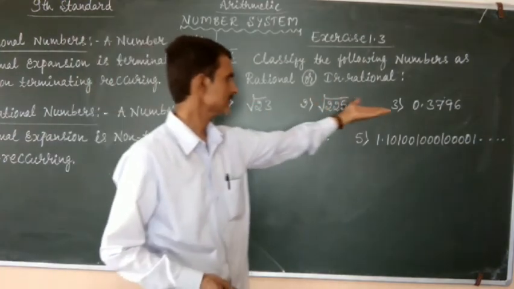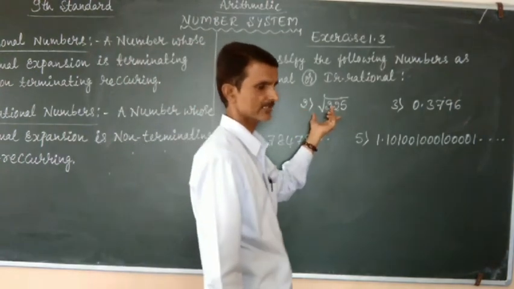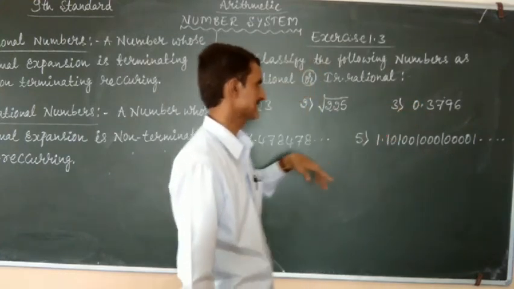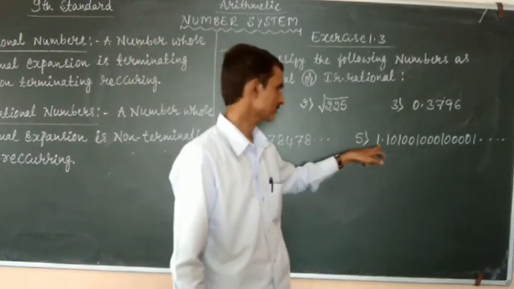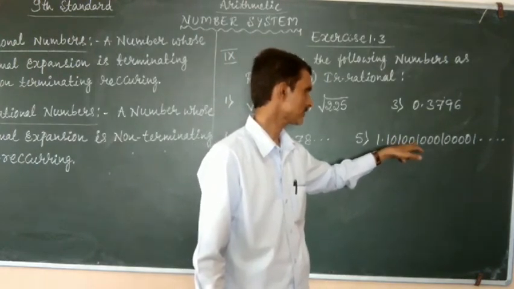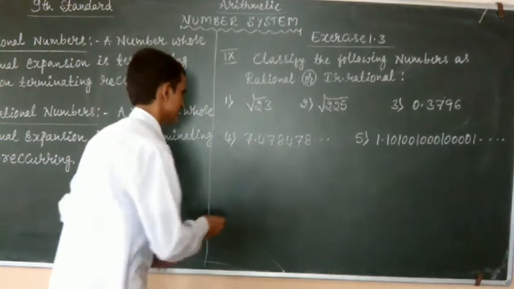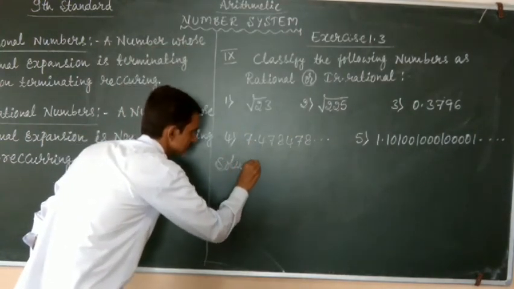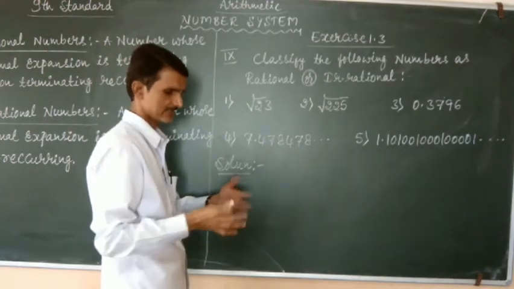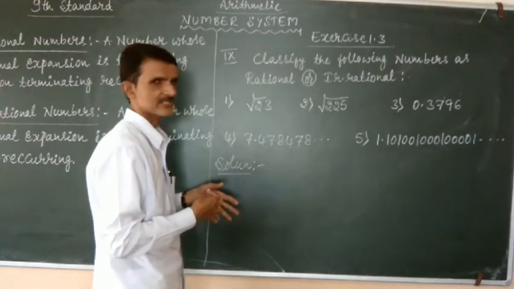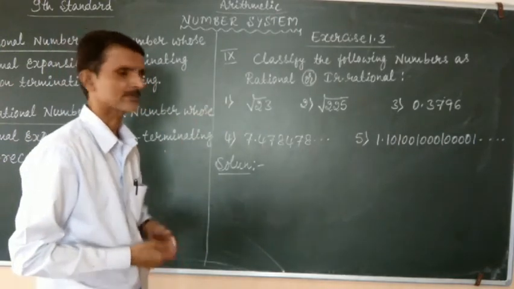So we can take them one by one, and classify first the rational, next the irrational.